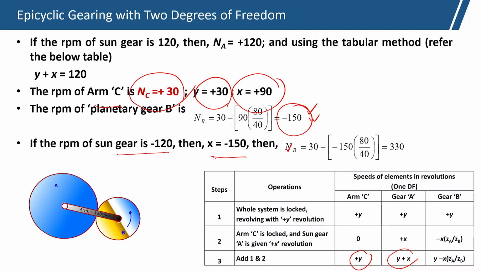In that case, you can see that the planet gear will rotate at 330 rpm in the positive direction. So, what we have seen is that changes in direction or magnitude will greatly affect the output speed.